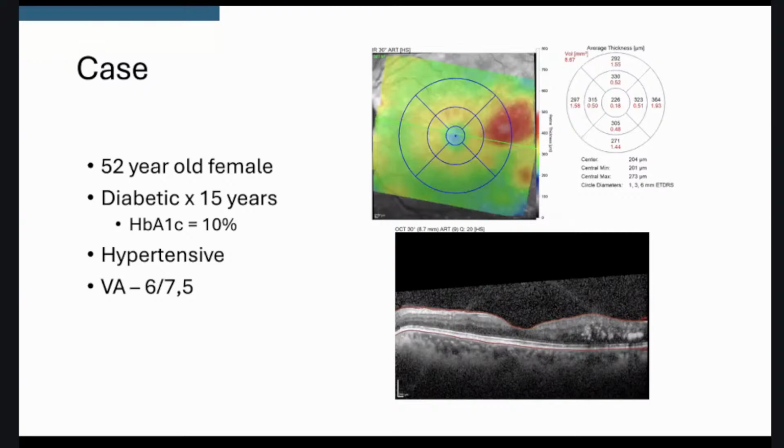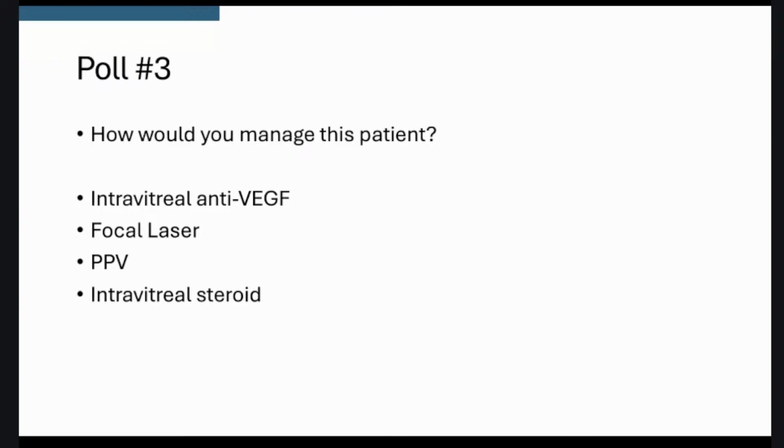She's also hypertensive, and the VA in her left eye was 6/75. We were actually treating her for center-involved macular edema with anti-VEGF in her other eye. And the question was, well, what should we do about this eye? This patient had an exudate temporal to the fovea. And so I know what we did, but I'd really like to know how you would have managed this patient.